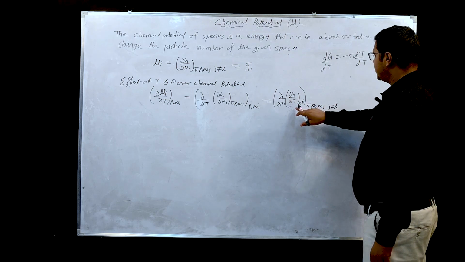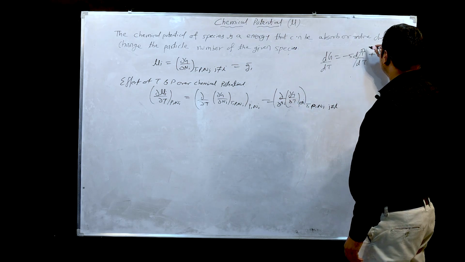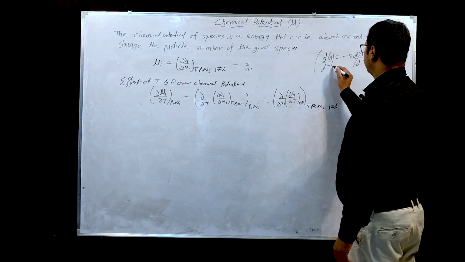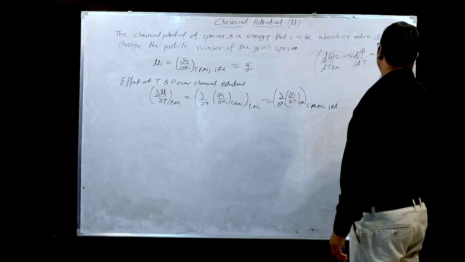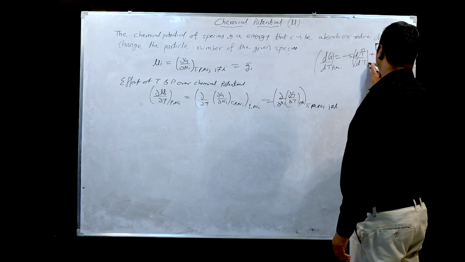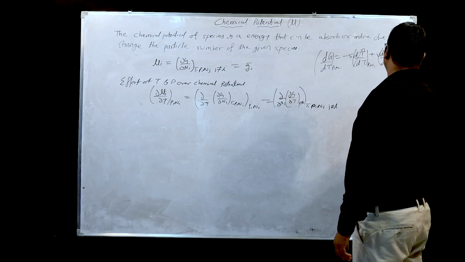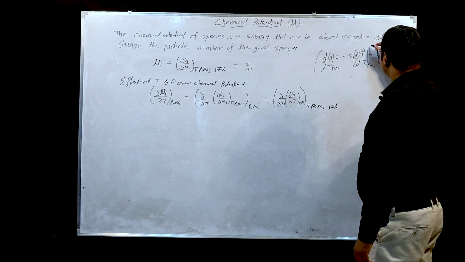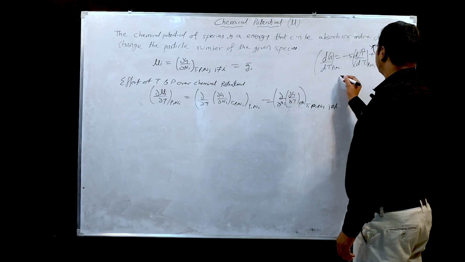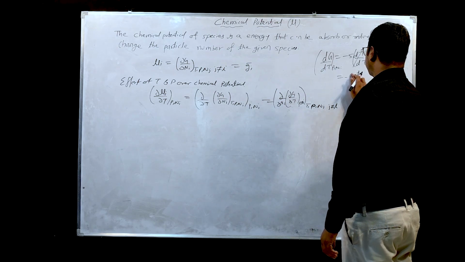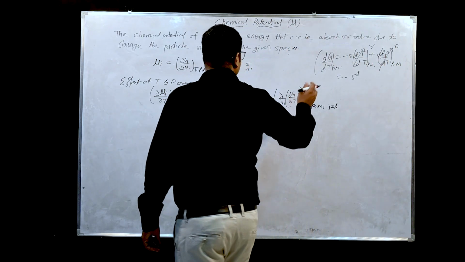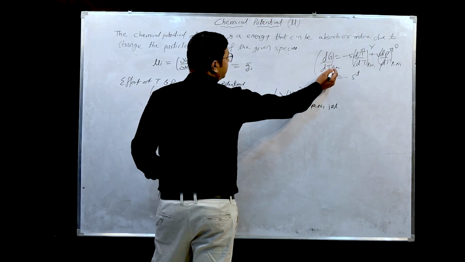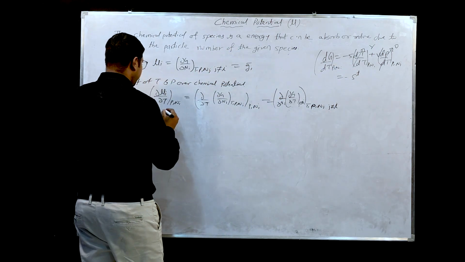In this case, ∂G/∂T at constant P and Ni, keeping pressure constant, so this term goes to 1 and this term goes to 0, and this I write as St, where St is the total entropy.